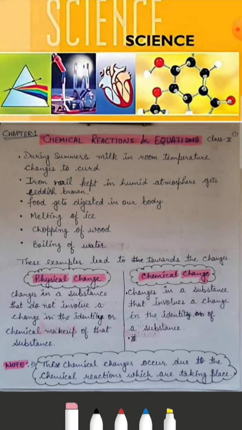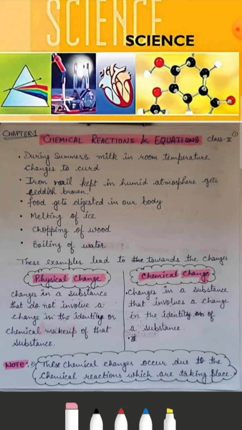But we can categorize this in physical change because if we cut the wood, the basic substance is wood and it will remain wood. That's why it is categorized under physical change. And boiling of water, you can boil water, then the water evaporates, then condensation takes place and you again get water. That's why it is also a physical change.